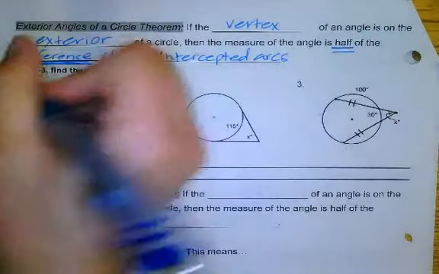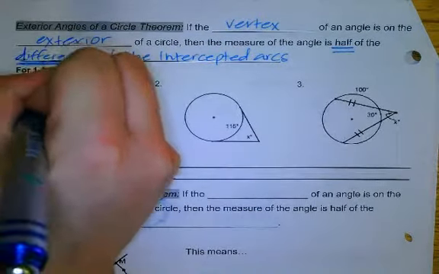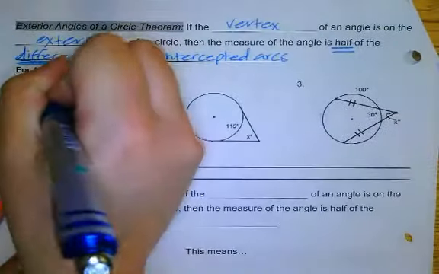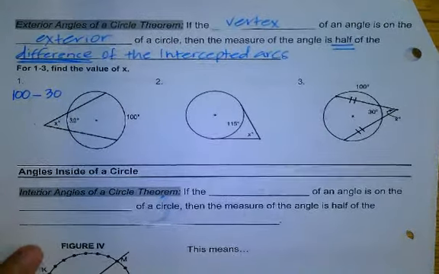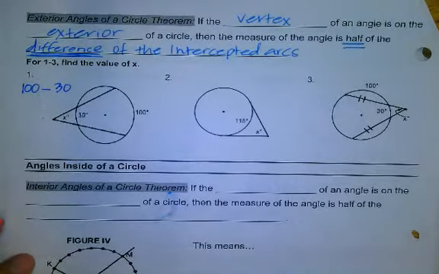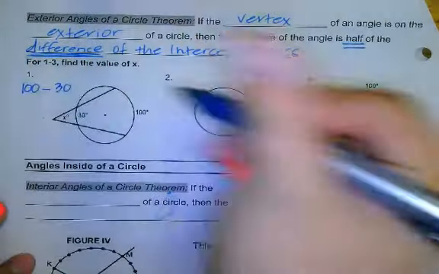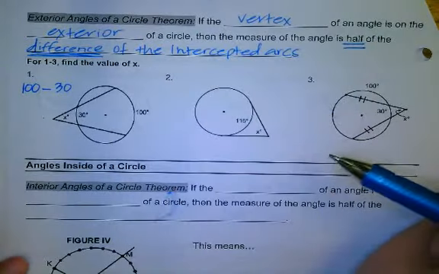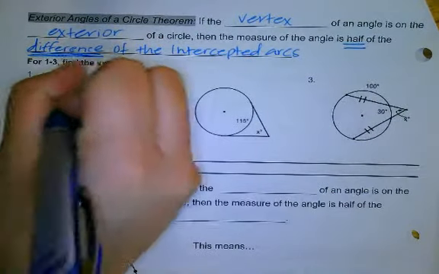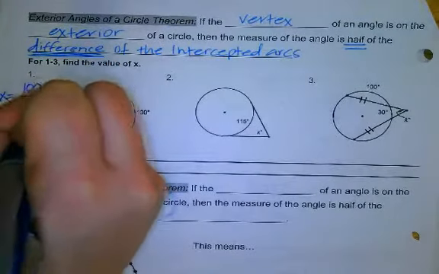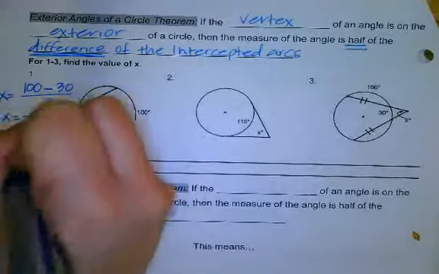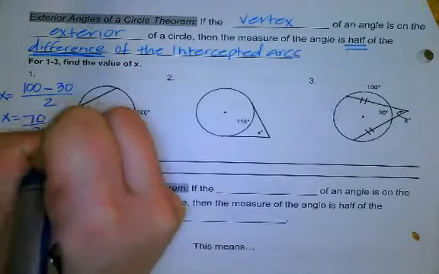So 100 minus 30. I know that equals 70, but what else do I need to do? Divided by 2 equals x. So x equals 70 divided by 2, which is 35.